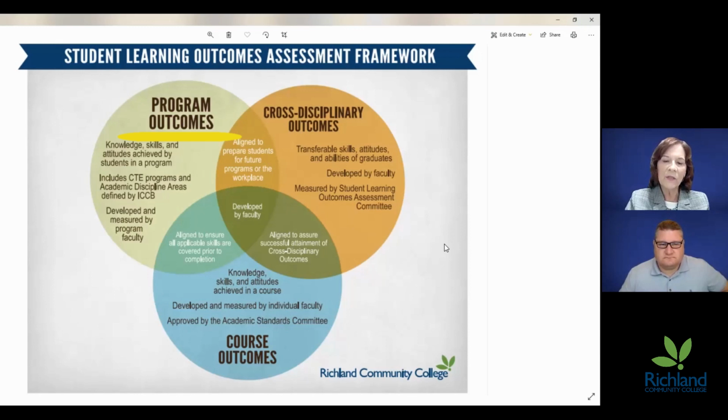These are statements of the knowledge, skills, and attitudes individual students should possess after completion of a course in one of those broad disciplines. So program and discipline outcomes also appear on course syllabi. Faculty designate in a chart which ones are covered in the course. For CTE programs, it's not required to cover all of them in each course.